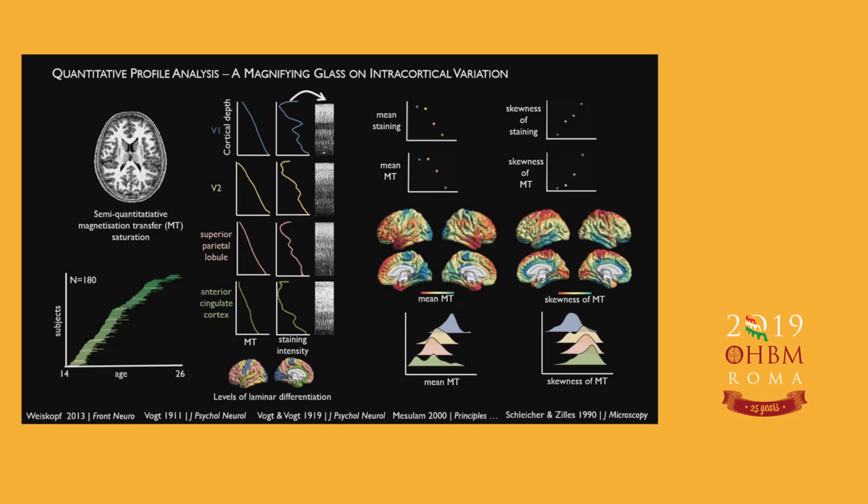We moved this on to look at the whole brain as well, and we see that the mean, once again, decreases from sensory to the more polar regions, but skewness has a different pattern where it is highest in the limbic ring you see there, and it drops off as it moves to sensory. And you see that by the distribution of values across these levels of laminar differentiation at the bottom.